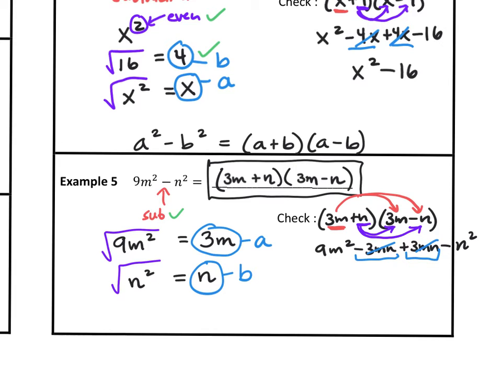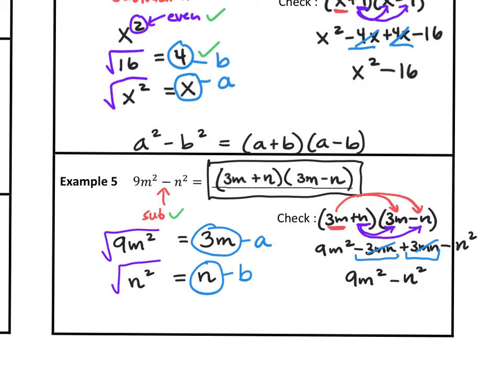And so I'm going to be left with 9m squared minus n squared. But isn't this the original problem that was on the paper? Yes. So we're just checking it, right? But all we're doing is we're following this template. Just following that template.